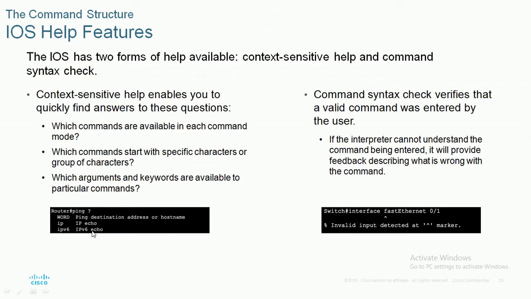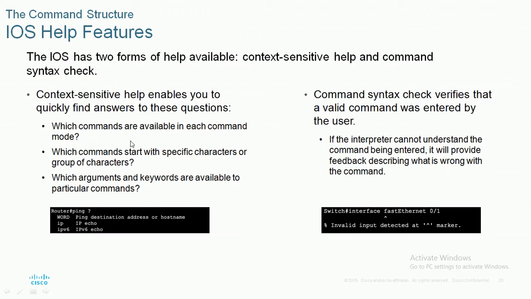IOS help features: IOS is a user friendly operating system. IOS has 2 forms of help available: context sensitive help and command syntax check. Context sensitive help enables you to quickly find answers to these questions: which commands are available in each command mode.